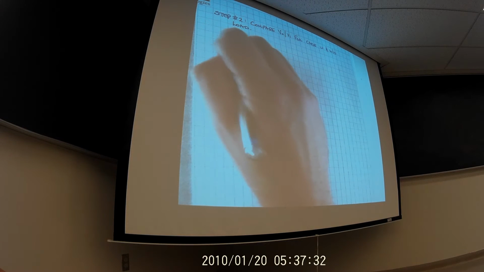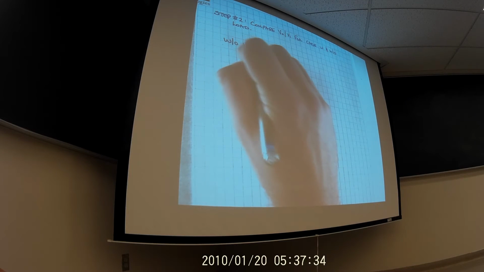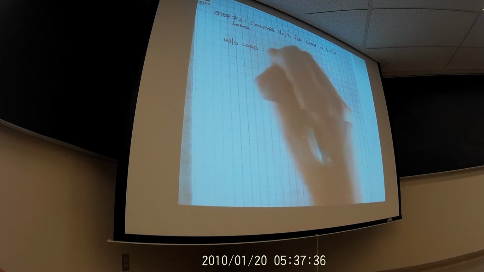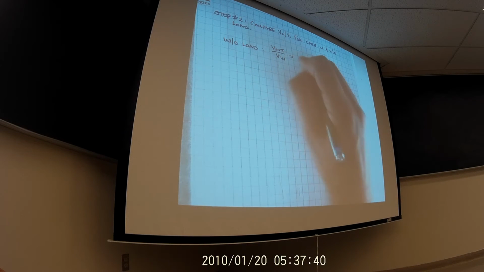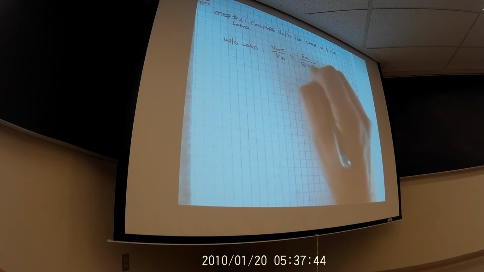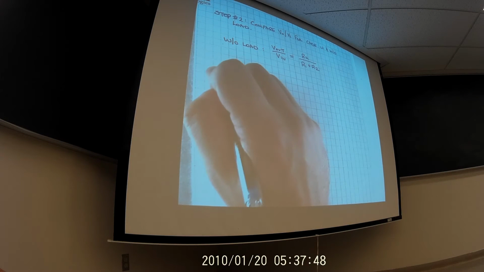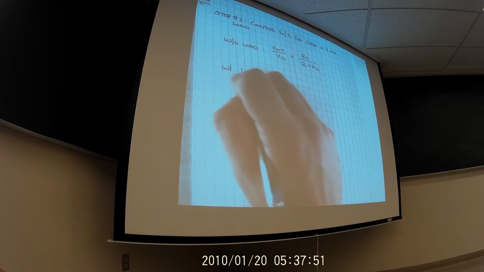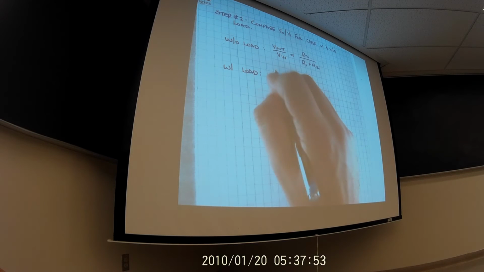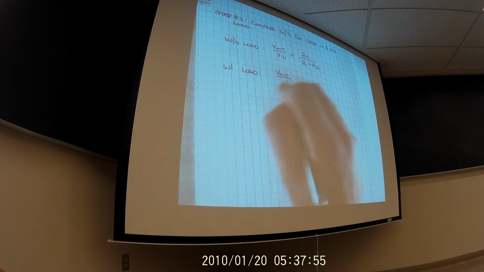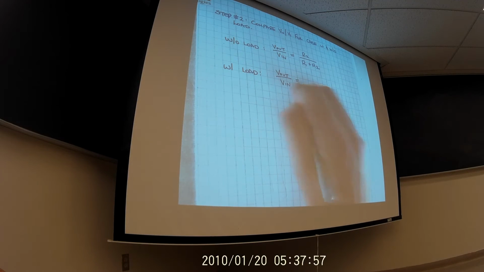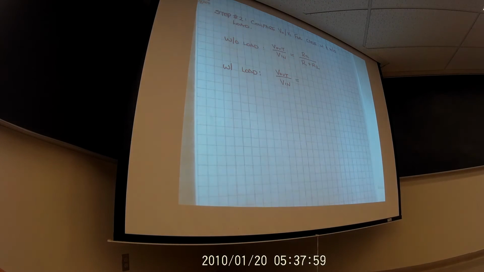So without the load, we already know what that would look like. Vout over Vin equals R2 over R1 plus R2. With the load, Vout over Vin would be equal to, right?